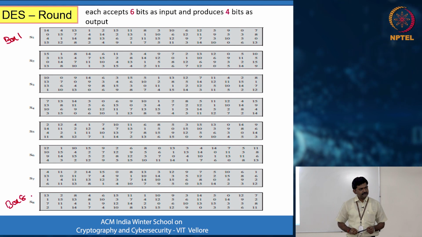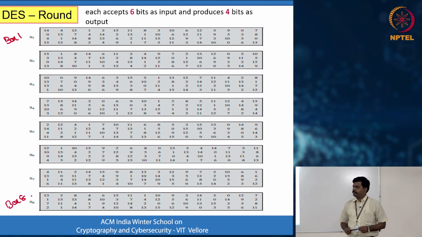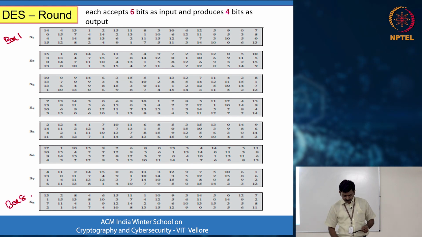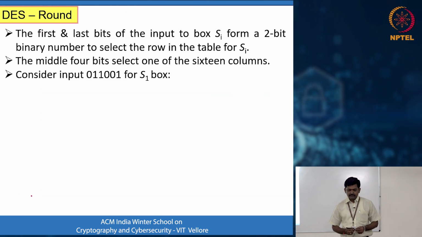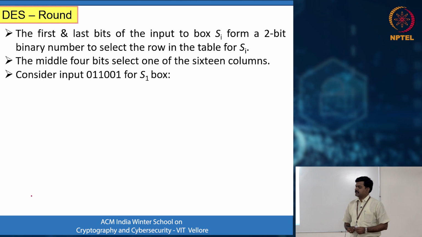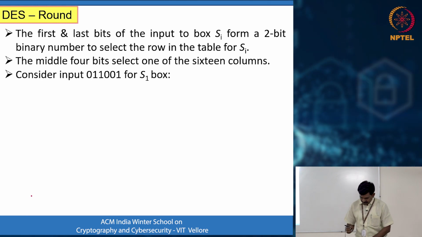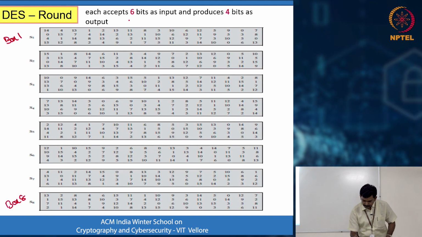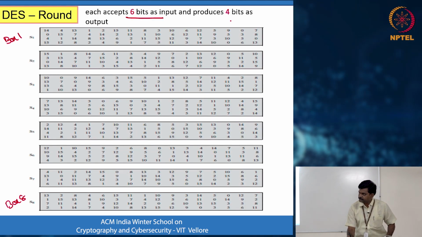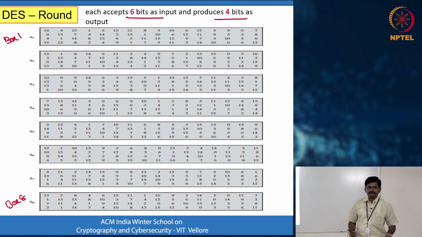How do you read them? We have already checked, right? So imagine, what is the input size to each box? 6-bit input producing 4-bit output.